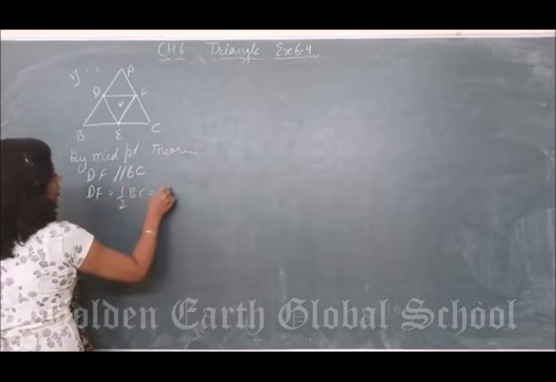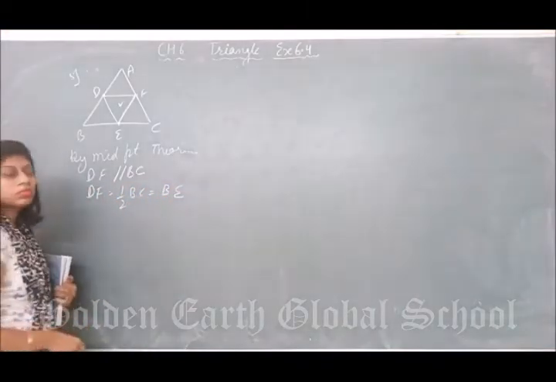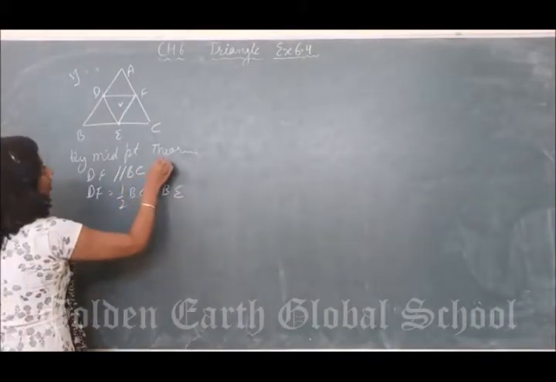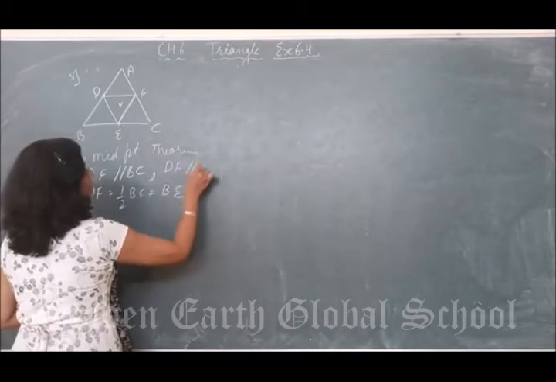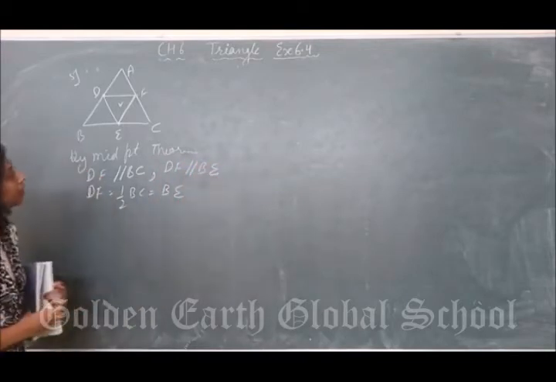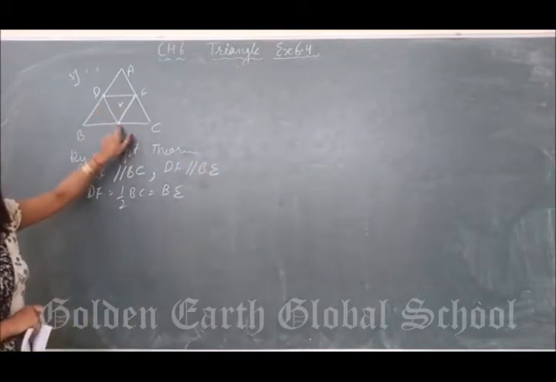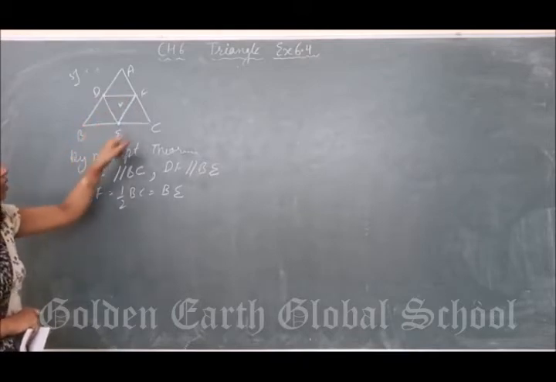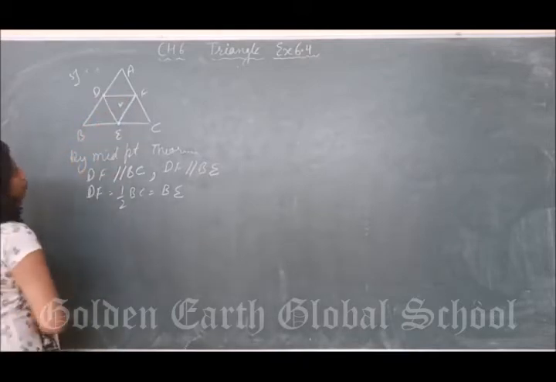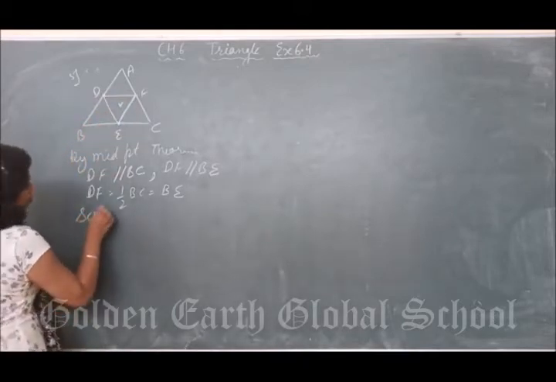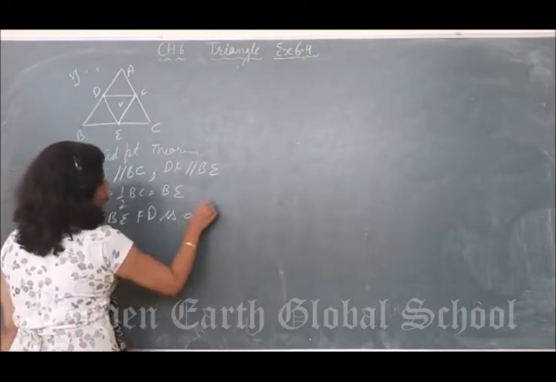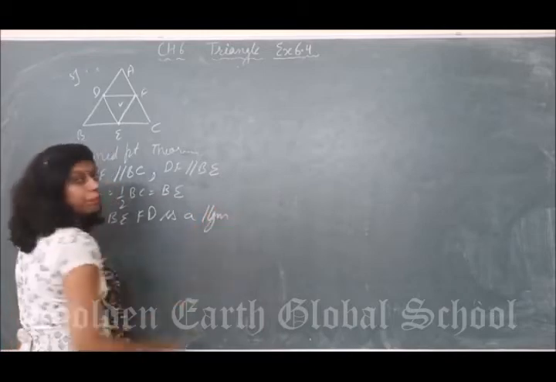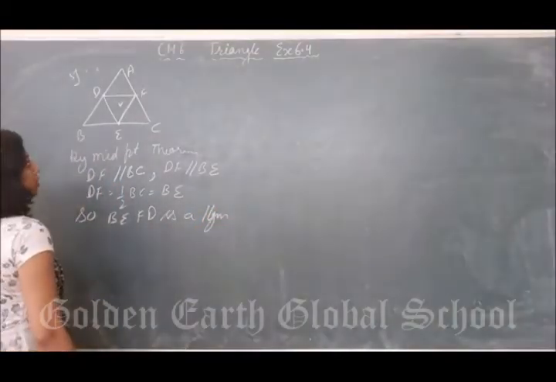Instead of half of BC, you can write BE. Now DF is equal to BE and DF is parallel to BE. So BEFD is a parallelogram.